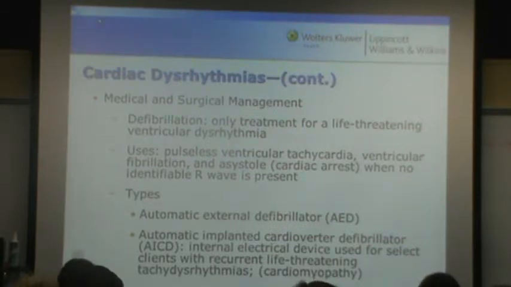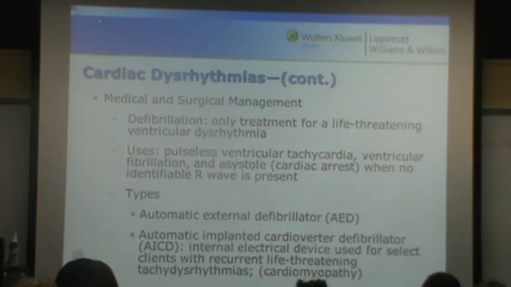And then we have a lot of patients that will have AICDs, which are automatic implanted cardioverter defibrillators. So this is that patient that has had problems in the past, usually. And so now, just like they would implant a pacemaker, they implant this. They have these because they have had recurrent life-threatening tachydysrhythmias, such as V-tach, that keeps coming and going.